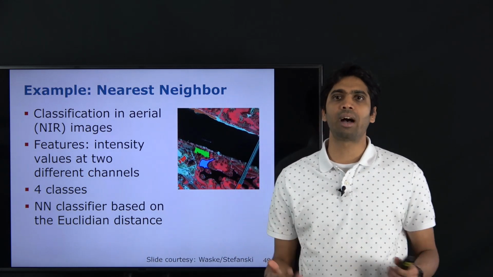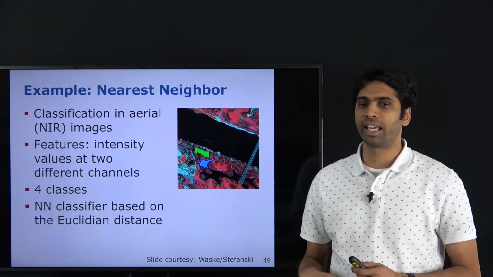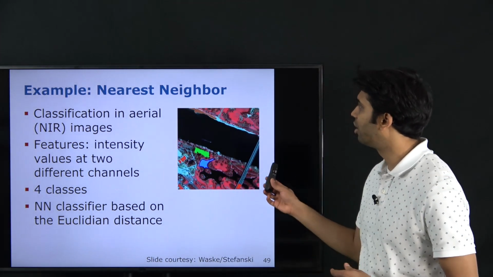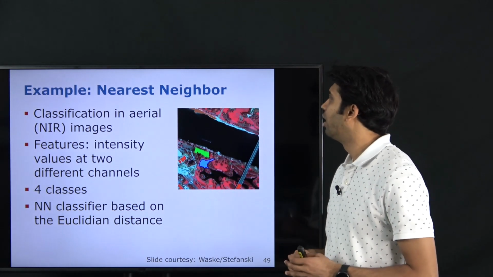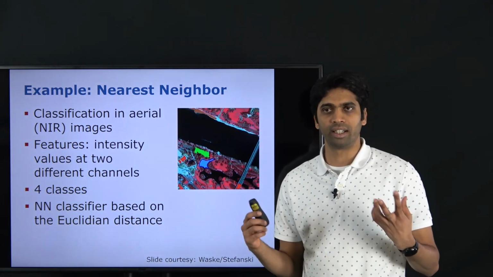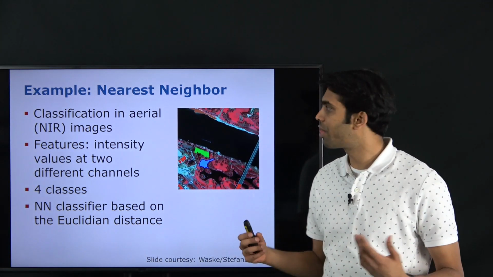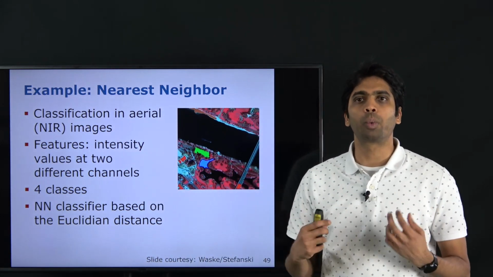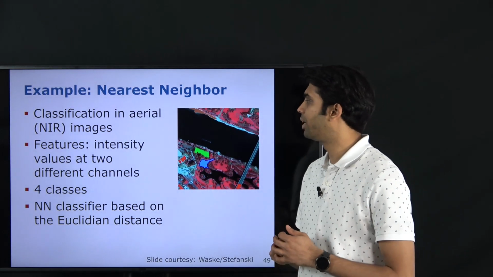So let's see another example coming from the remote sensing application, where in this case we have a multispectral image, which means that we have RGB intensity values, but with that we also have a near infrared value, which is often quite commonly used in remote sensing applications.